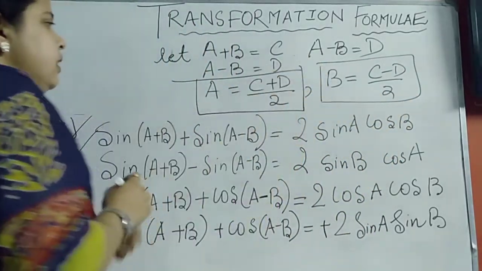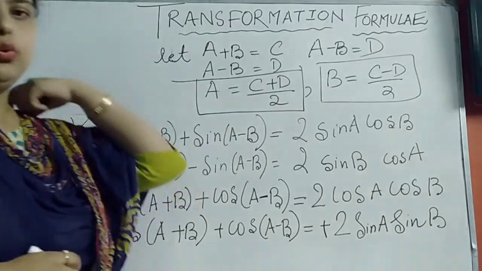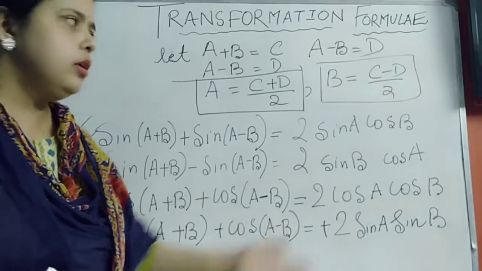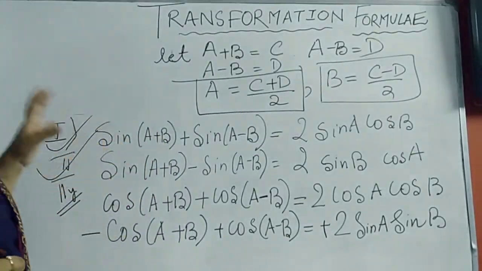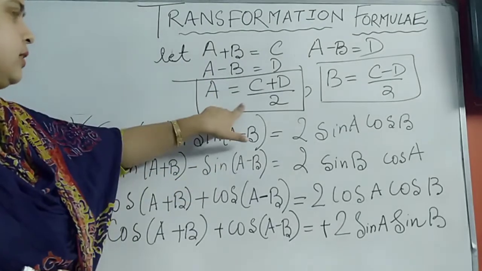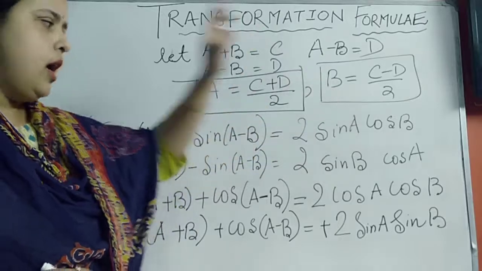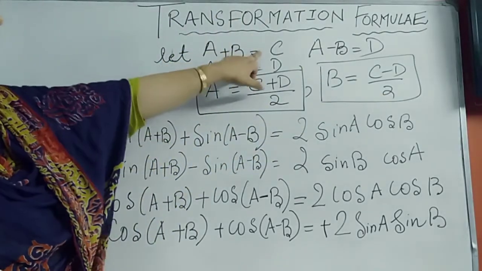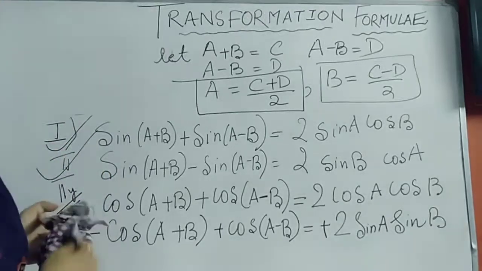What is A now? C plus D by 2. What is B now? C minus D by 2. Okay. So, I am going to substitute this A and this B here, with A plus B as C and A minus B as D. Now, let's see what happens.